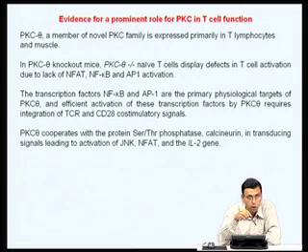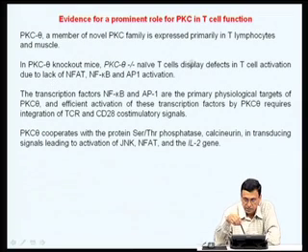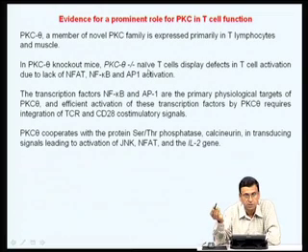And when you knock out this PKC theta, which is a major isoform of PKC expressed in T cells, in these knockout T cells, the naive T cells display a defect in T cell activation due to the lack of expression of NF-AT, NF-kappa B and AP1, clearly indicating that protein kinase C plays a very important role in the activation of all these 3 transcription factors, and therefore if you knock out PKC, you will not see the activation of these transcription factors, and therefore you do not see IL-2 expression.